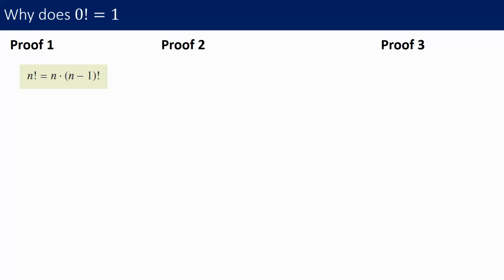So n factorial, this is true. Let's look at a pattern. Okay, so we have a pattern. Let's say we know that 3 factorial, which was 3 times 3 minus 1 factorial. True? So that actually works out to be 3 times 2 times 1. Yeah? So that works. And we knew that 2 factorial meant 2 times 2 minus 1 factorial, which ends up being 2 times 1.